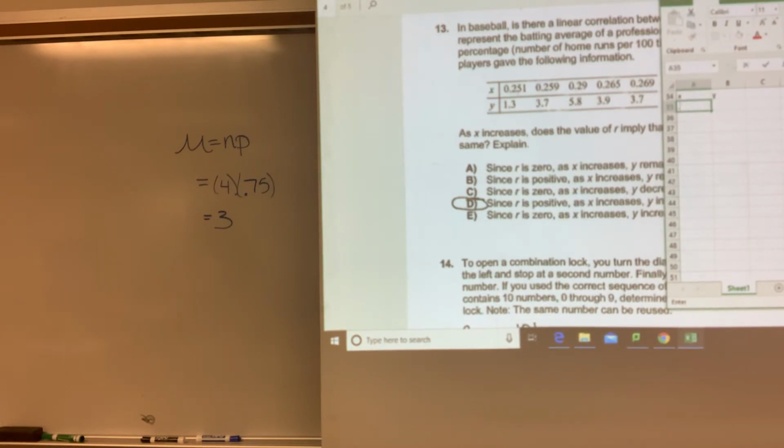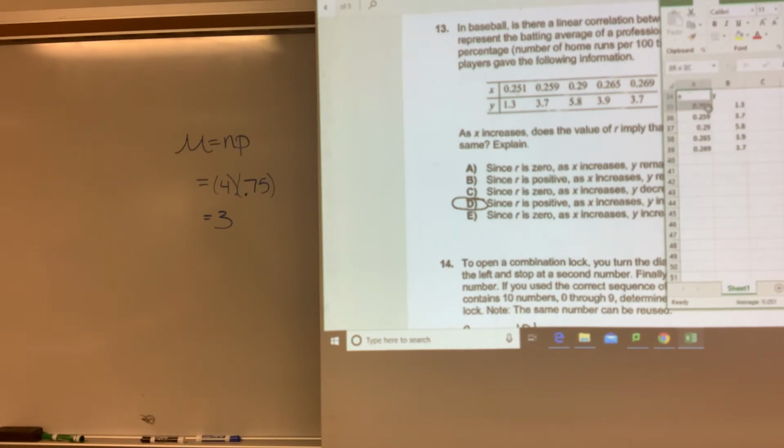So 0.251, 0.259, 0.29, 0.265, 0.269. And then 1.3, 0.7, 5.8, 9.7.